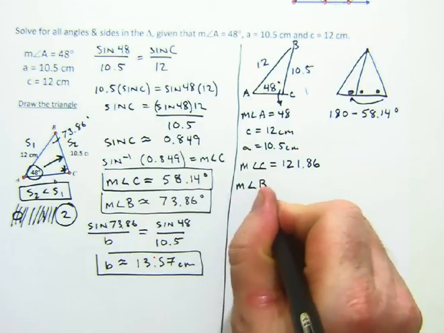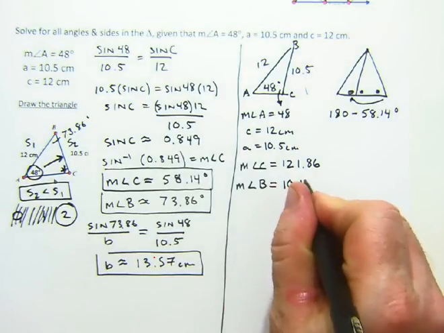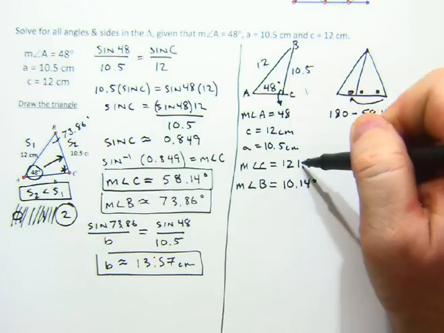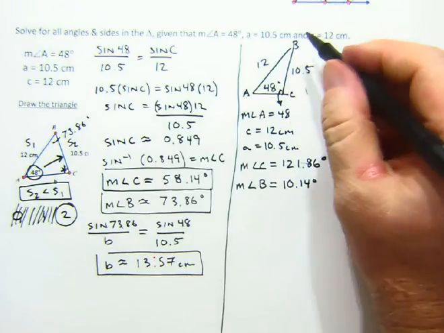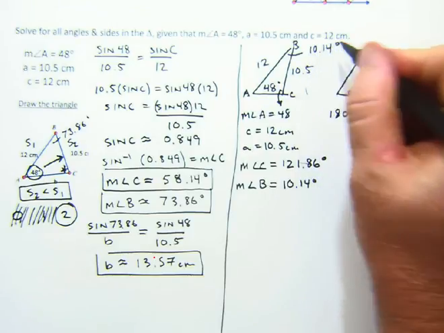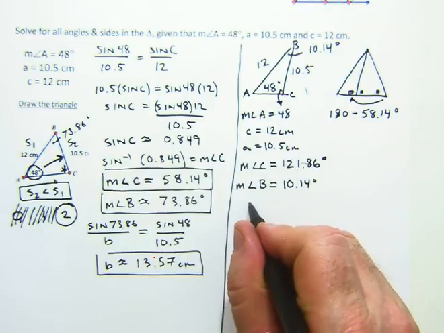I can find B. B would be 180 minus 121.86 minus 48. And as expected, it's a very small angle up there. This is an obtuse angle of 121.86. This guy way up here is a tiny little angle of 10.14. And then the final stage would be to find b.